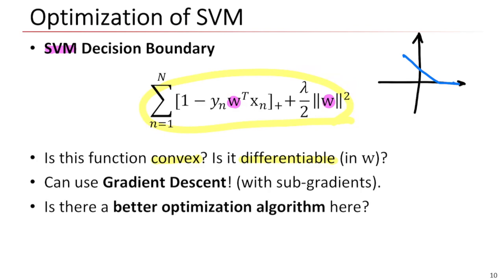I would say the convexity in 2D domain looks like this. In this case, there is only a single global minimum in case of convexity, right?